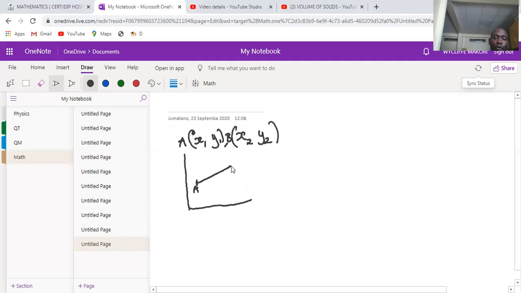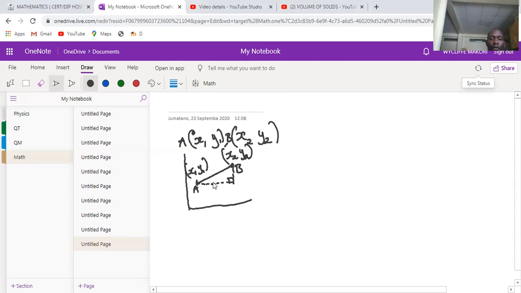If you are asked to get the gradient of this, we can come up with the coordinates here. A has x1, y1, and B has x2, y2, like that. So this one can be joined this way so that we have a right-angled triangle, but this is the concept that you need to understand.